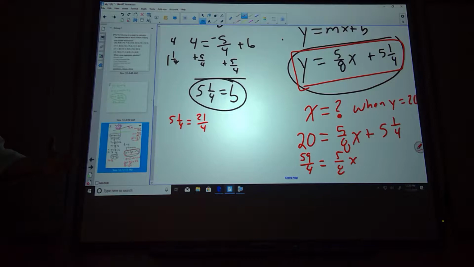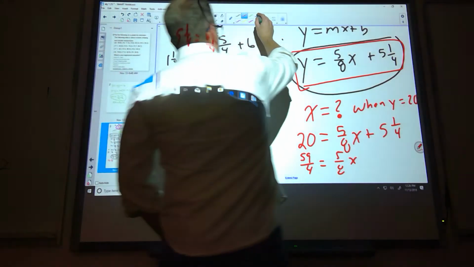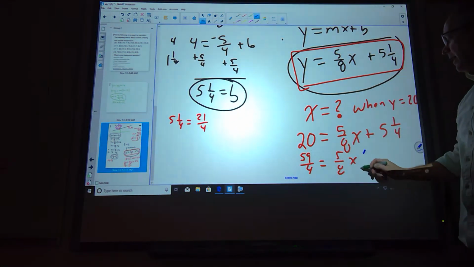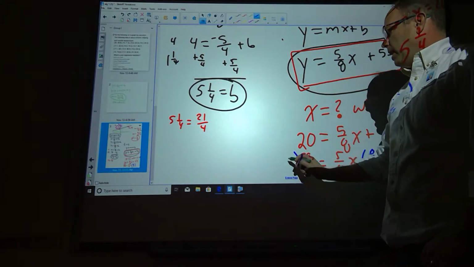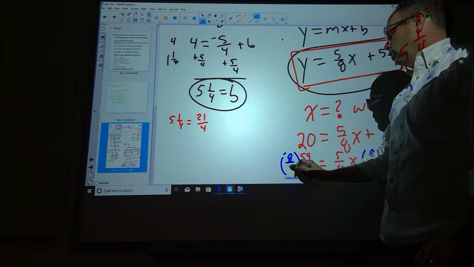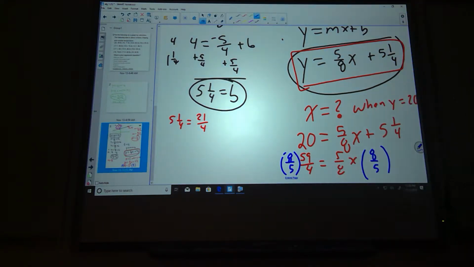This sucks. Okay, so you probably remember that I could multiply this by 8 over 5 and 8 over 5. Yeah, big deal, still fractions. But does this math seem okay so far? So I'm going to go 8 over 5 times 59 over 4. Agree?